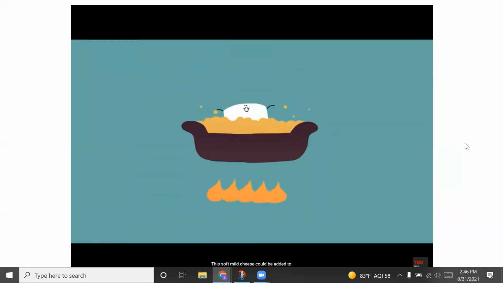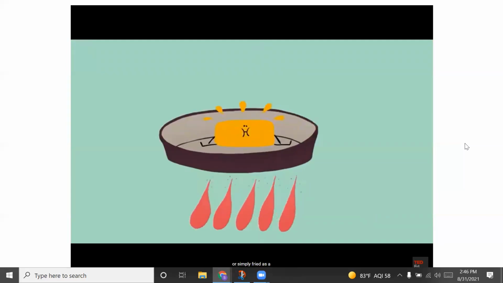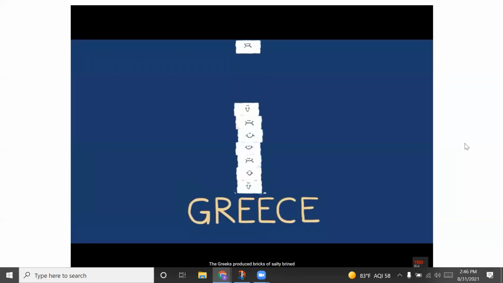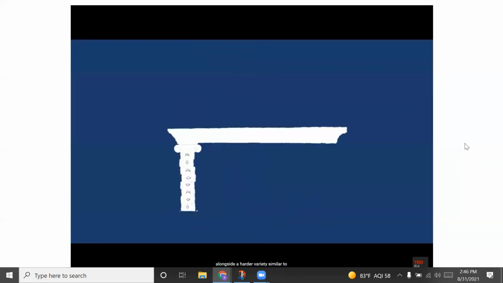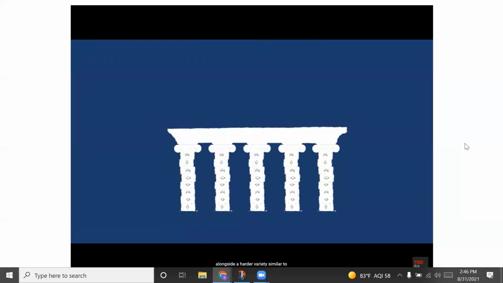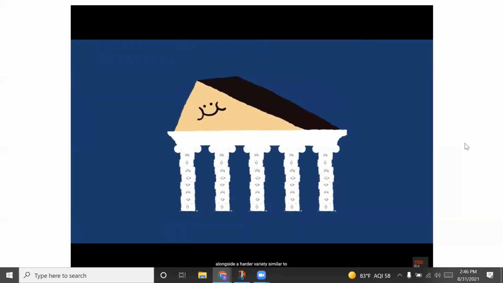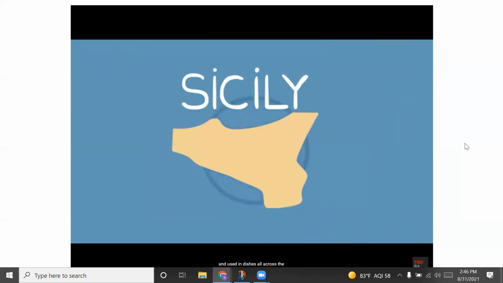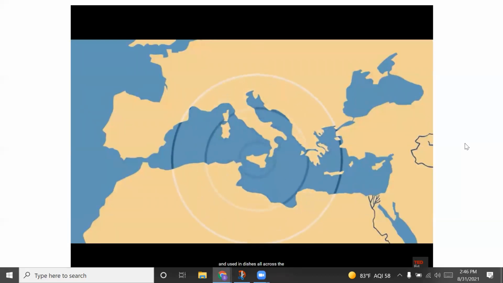This soft, mild cheese could be added to curries and sauces, or simply fried as a quick vegetarian dish. The Greeks produced bricks of salty, brined feta cheese, alongside a harder variety similar to today's Pecorino Romano. This grating cheese was produced in Sicily and used in dishes all across the Mediterranean.